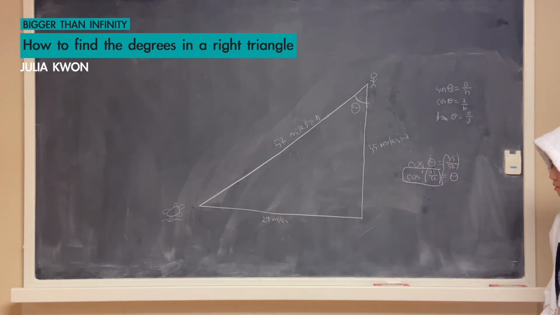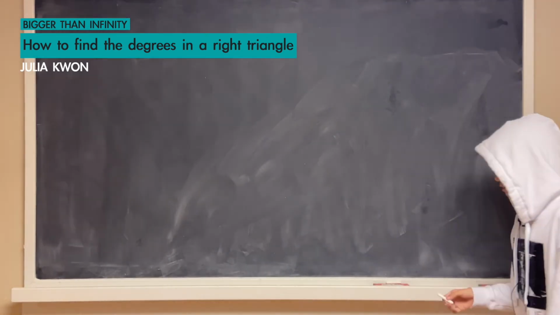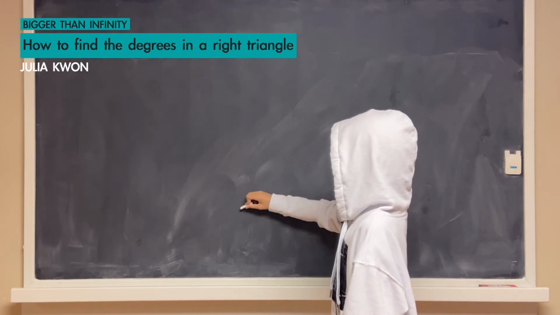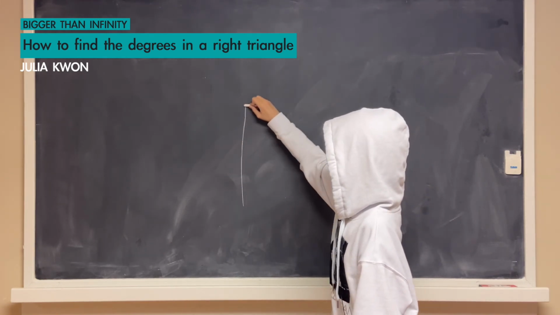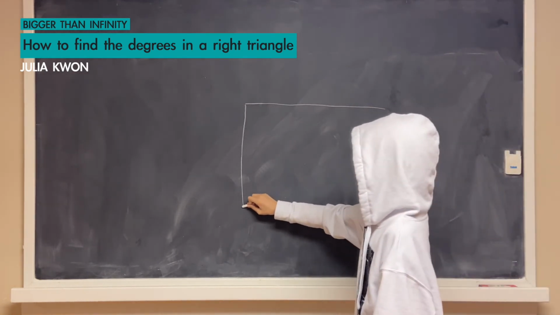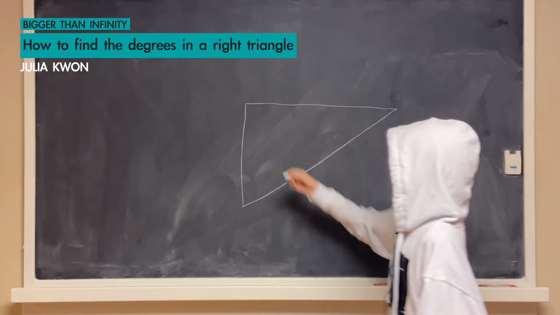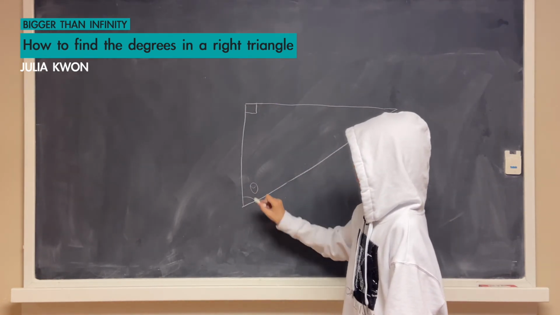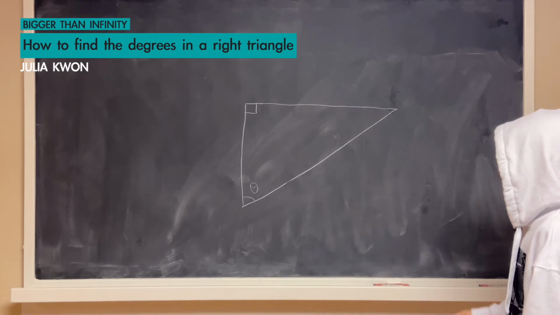So now I would actually like to do one more example. So now it's not really going to be a story. I'm just going to do a random right triangle. So here we have a right triangle, and this is the theta we're going to be working with.